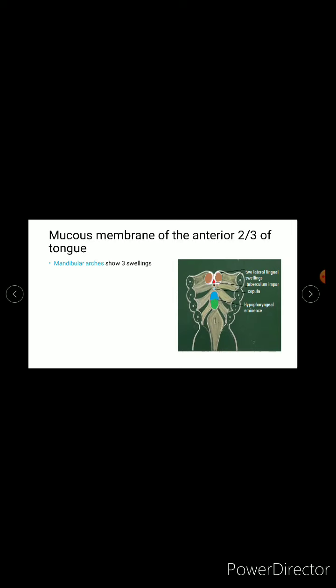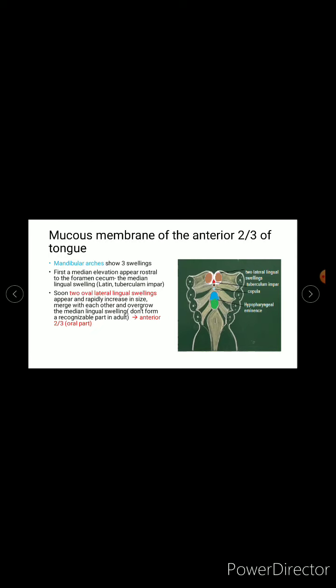Now first, the mucous membrane of the anterior 2/3 of the tongue is derived from the first arch, that is the mandibular arch. Here you can see this is the first arch. At the ventral end you can see 3 swellings.